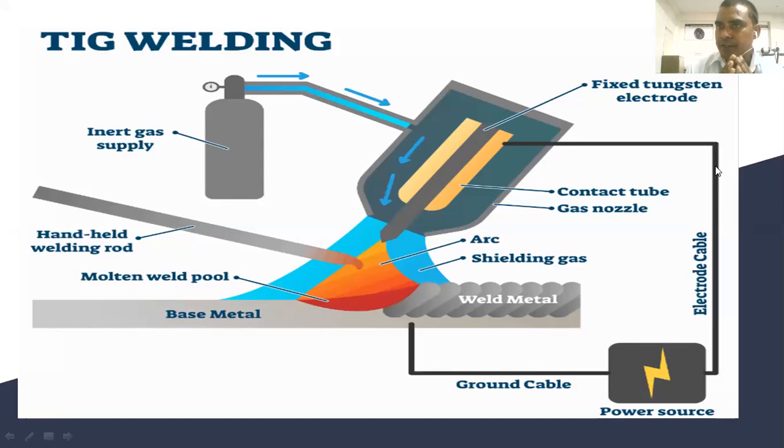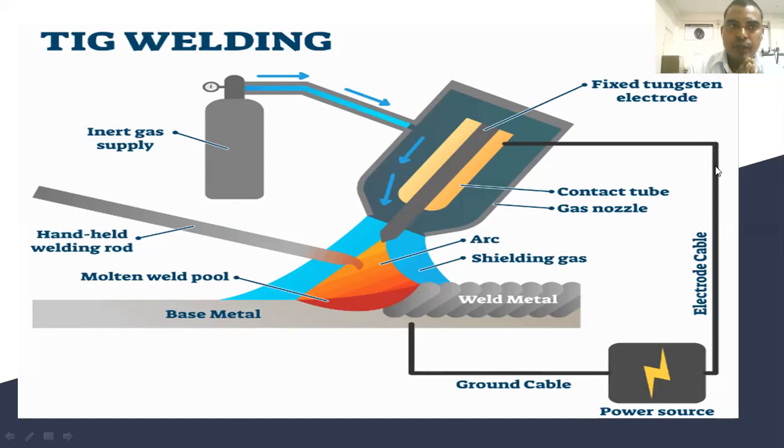In this figure, we are using an electrode. This electrode is known as the fixed tungsten electrode. And we discuss the operation. In this operation, welding is done by striking an arc between the workpiece and the tungsten electrode in an atmosphere of inert gas.